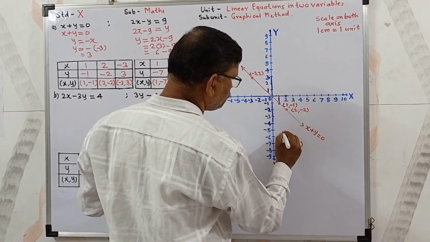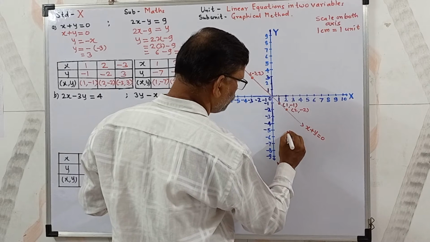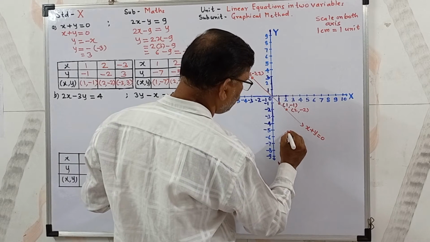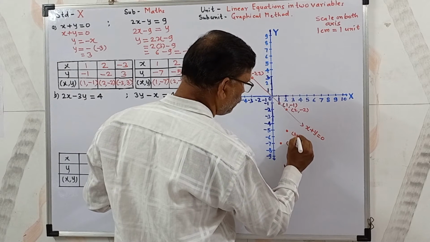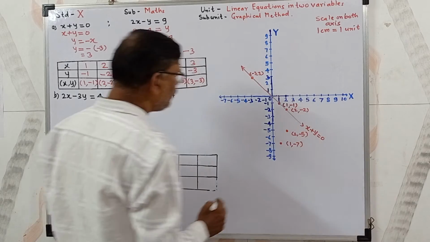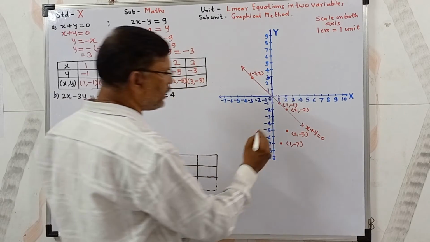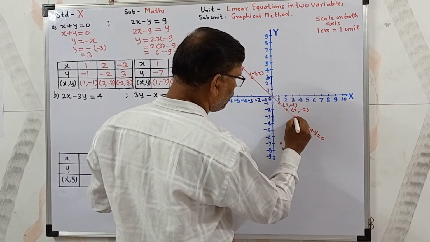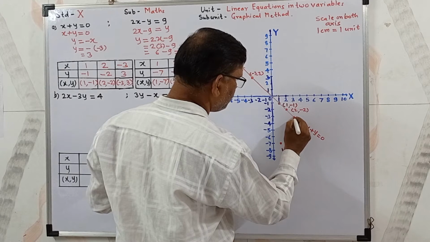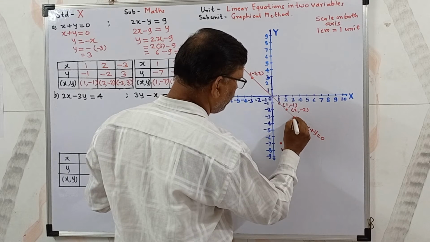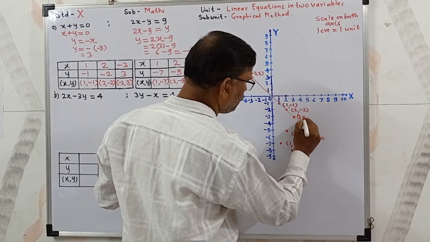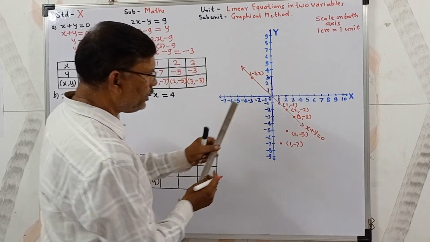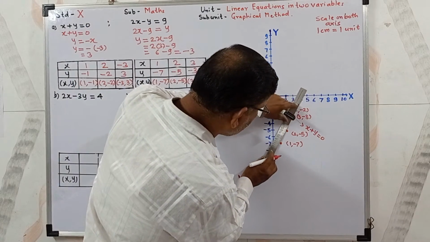Here is minus 5. Next one is 3, minus 3. Here it is, 3, minus 3. Now we draw the line this time.